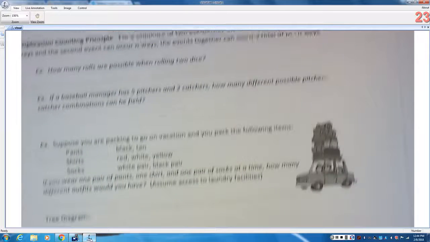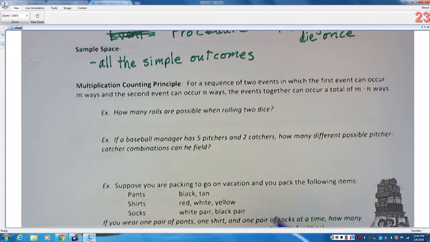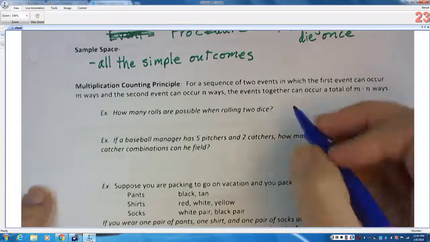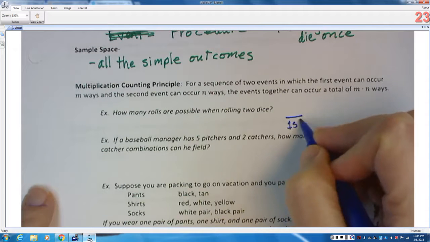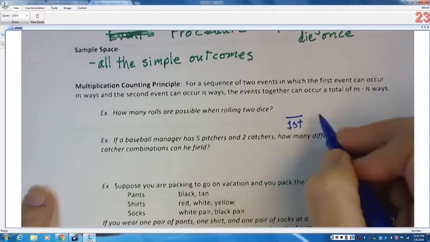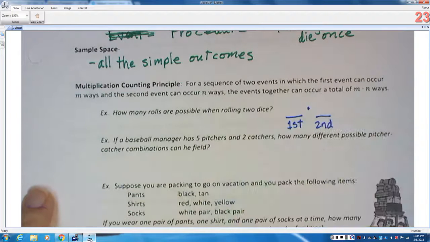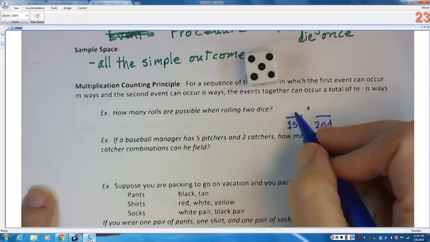Okay. How many rolls are possible when you roll 2 dice? Instead of looking at the whole situation and making a whole big chart, all you have to do is put a line for the first die times the second die. So how many rolls are possible on the first die? 6.